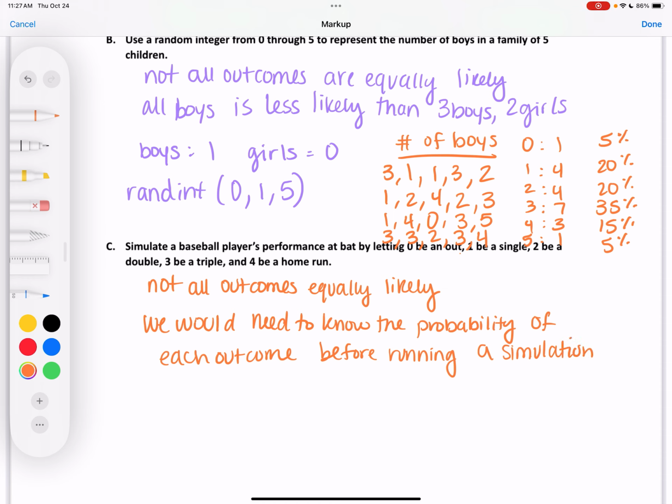So we would essentially need to say something like, they get a single 5 out of every 10 at bats or something like that.